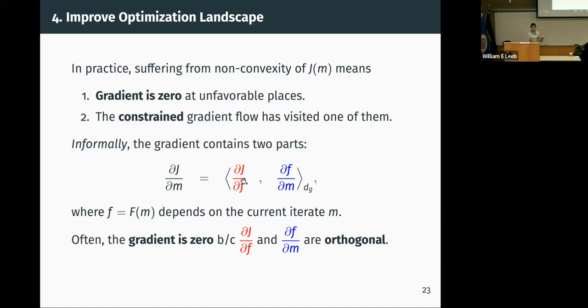Then when you project dJ/df onto this Jacobian, the only remaining possibility for the gradient to be 0 is the projection being 0. That means my data want to go this way, but there's no feasible parameter that allows my data to go that way. So that's where you can change your objective function to make sure it is aligned with what the Jacobian wants to do.